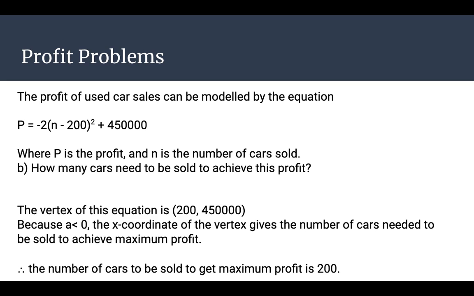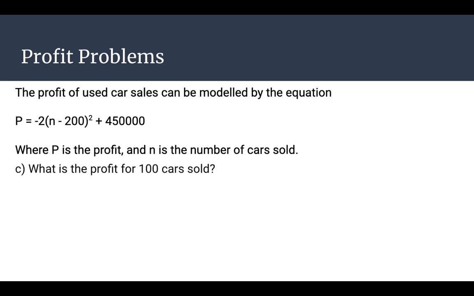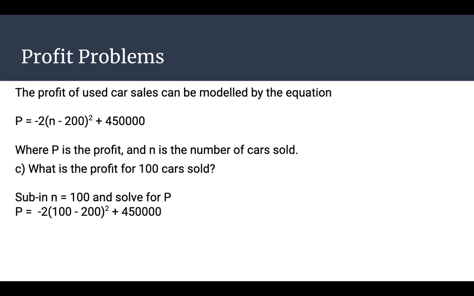Okay. So part C, it asked, what is the profit for 100 cars sold? So in this case, we're going to replace n with 100 and then solve for P. That's going to be our profit when we sell 100 cars. So the equation becomes negative 2 times (100 minus 200) squared plus 450,000. 100 minus 200 is negative 100.